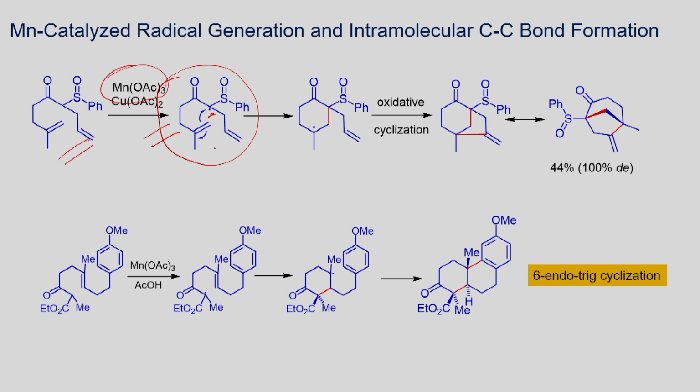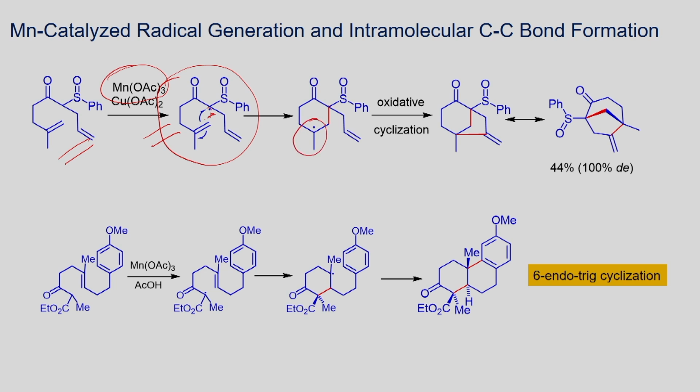This reaction has been well explored by Professor Molander. He has pioneered this chemistry. Once you form this radical, it can undergo an intramolecular addition reaction with this double bond, and you will be able to form a tertiary radical.